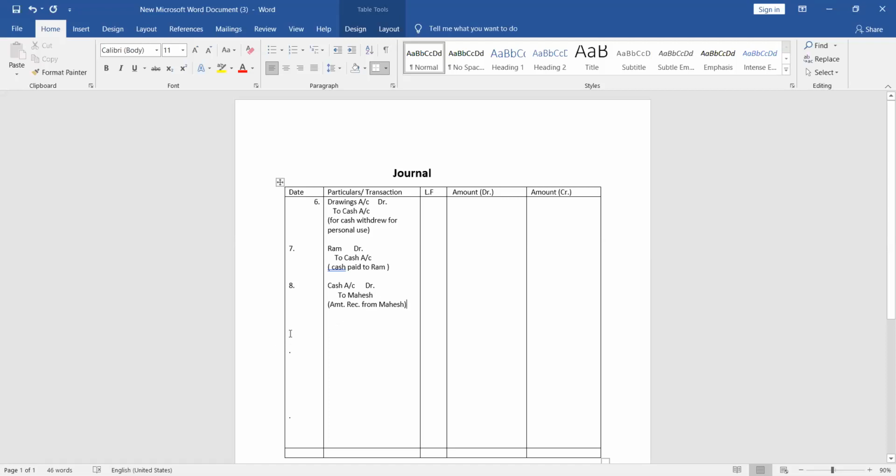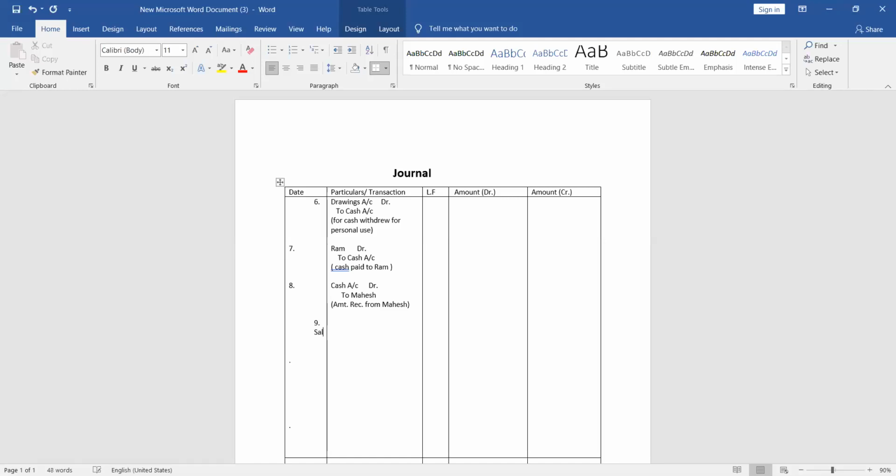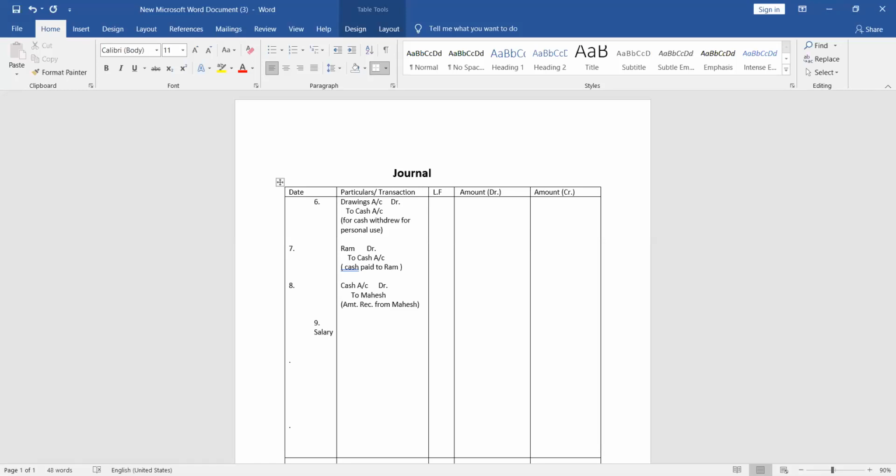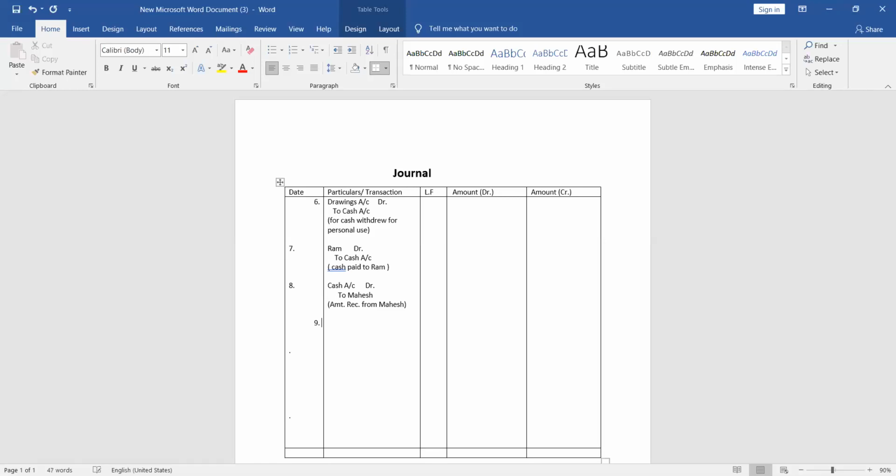The next is salary paid. If you pay the salary, salary becomes an expense for the business.